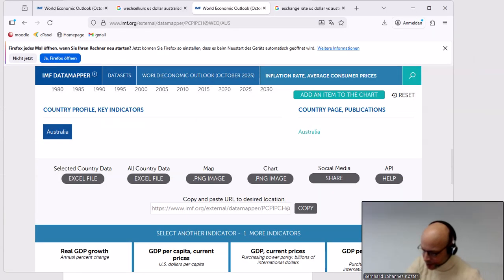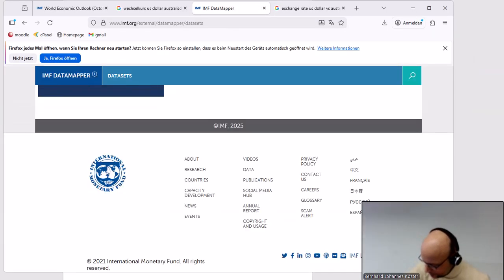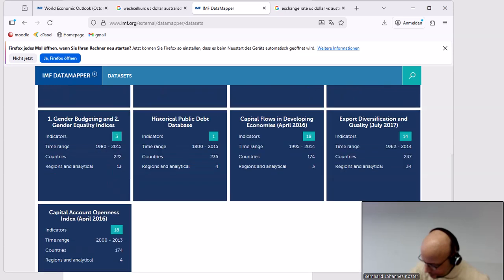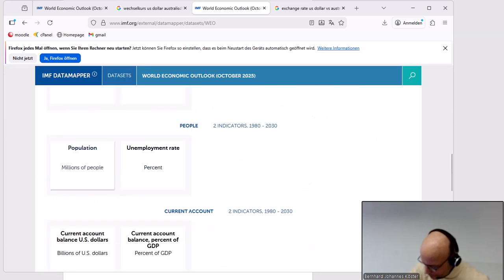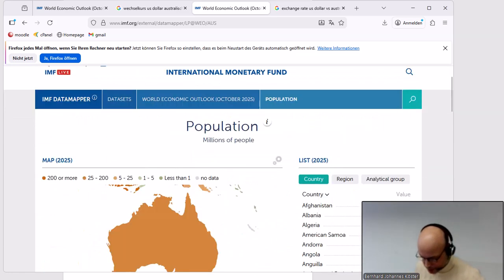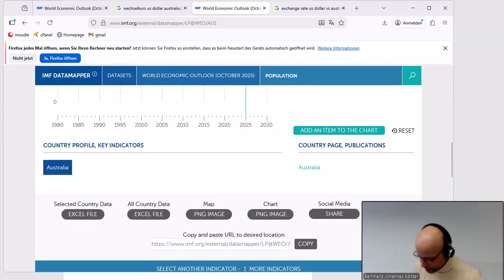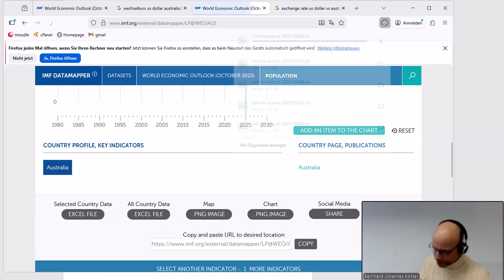For this, let's download the population data. Here we have it. Australia, we have already downloaded.